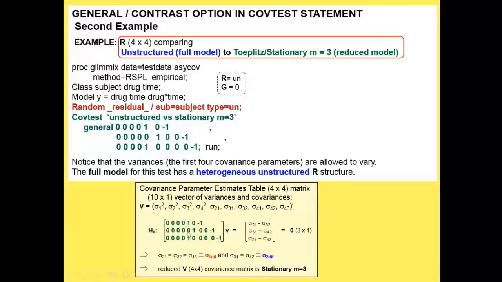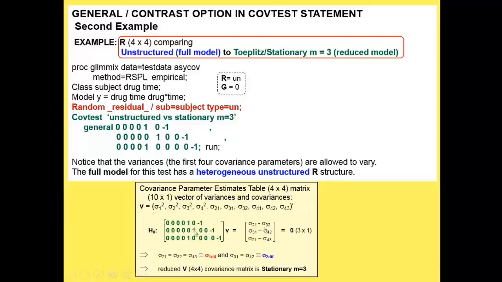The first row is 0, 0, 0, 0, 1, 0, minus 1, 0, 0, 0. I didn't write the zeros, but the rest of them are 0. If I multiply that row by the corresponding column vector, I'm talking about sigma 2,1 and sigma 3,2, because this is sigma 2,1, this is sigma 3,1, and this is sigma 3,2. So I'm comparing sigma 2,1 with sigma 3,2.